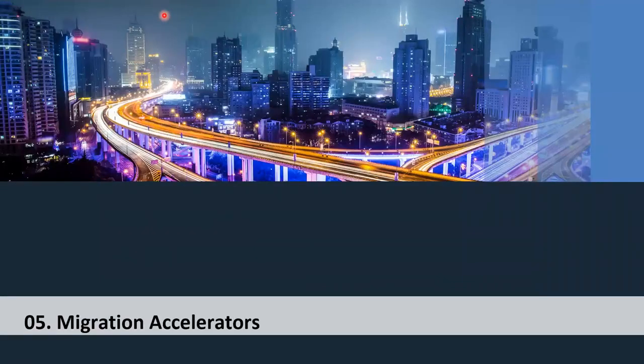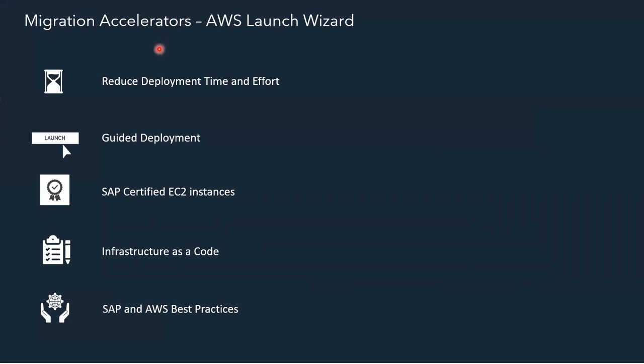Okay, coming to the migration accelerators. So we are covering here the migration accelerators with respect to AWS. When we are migrating SAP systems to AWS, we can either do them manually, or using automatic deployments, or through pre-built images.